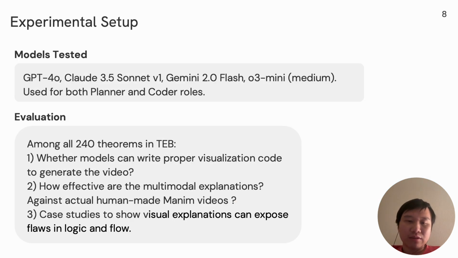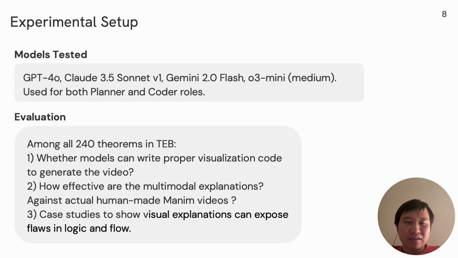For the experimental setup, we evaluate TheoremExplainAgent using 4 models: GPT-4o, Claude 3.5 Sonnet v1, Gemini 2.0 Flash, and O3-mini medium, used for both planner agents and coding agents. Among all those 240 theorems in TheoremExplainBench, we tested whether models can write proper visualization code to generate the video.